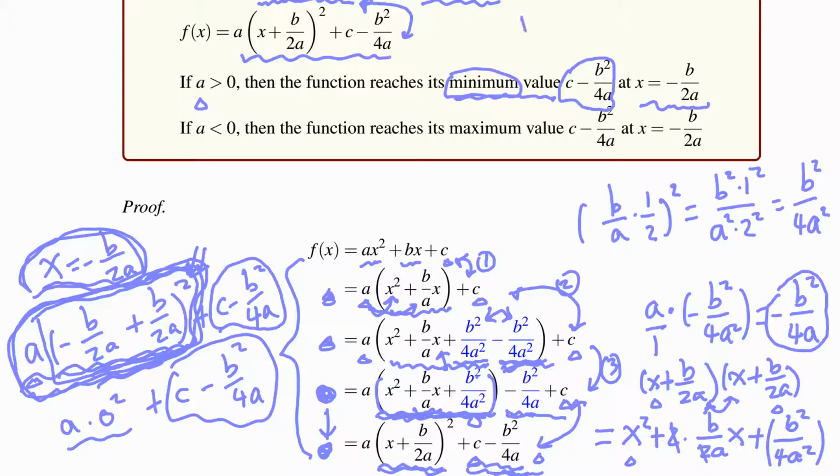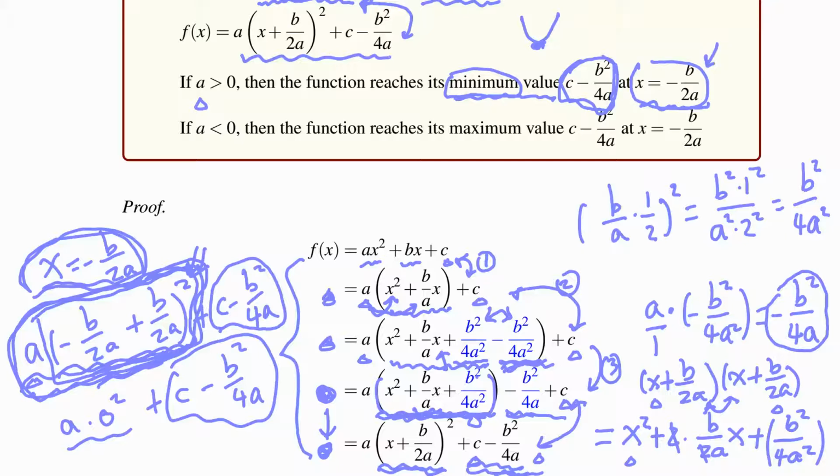Because the open direction is upward like this, this will be the minimum point, with the x value equal to that, and the y value equal to that, this point.